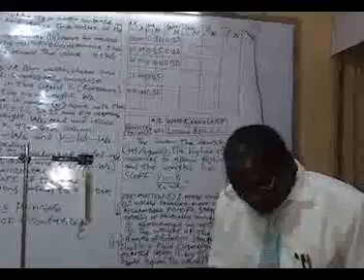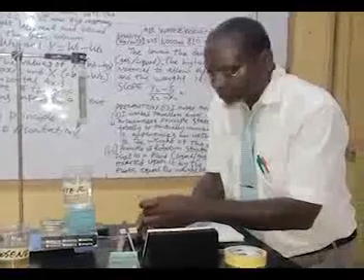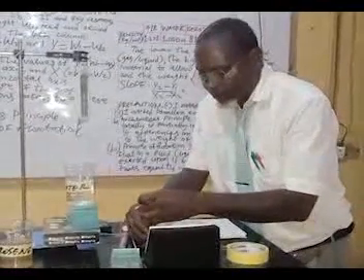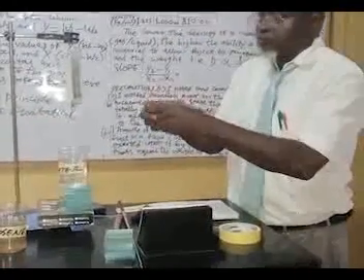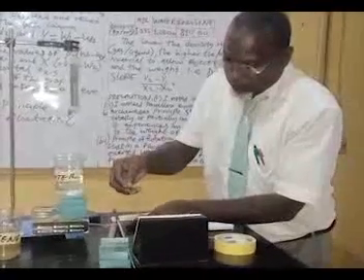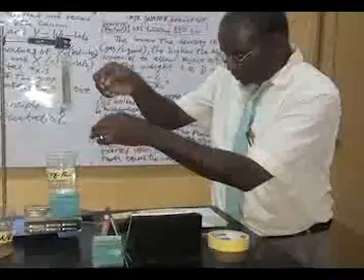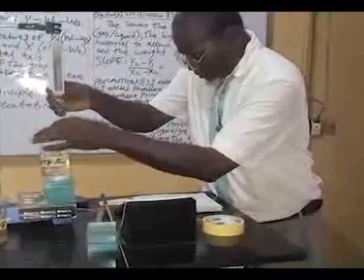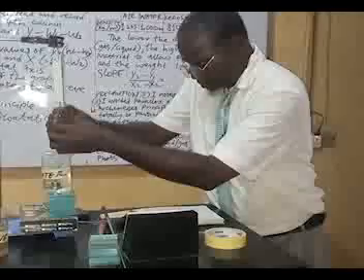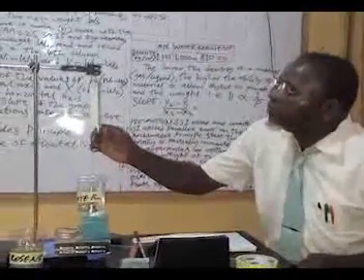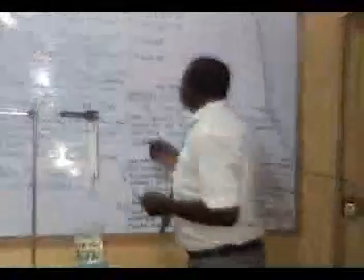Then you add 5 grams to it. Lower it gently into the beaker and hang it on the spring balance. This one gives us 0.33.